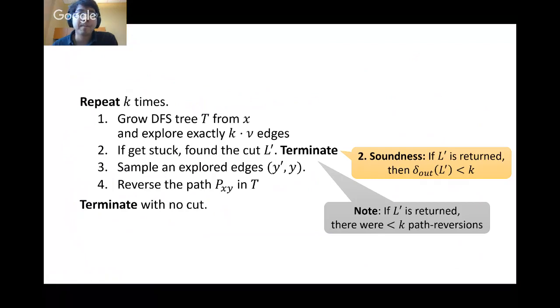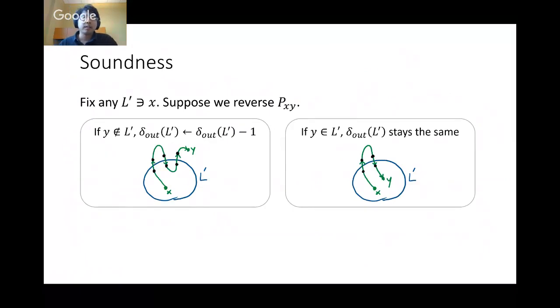Now let's see. If we fix any set L prime that contains x, and suppose that we reverse the path x to y, then there are two cases. The first case: suppose that y is not in L prime.